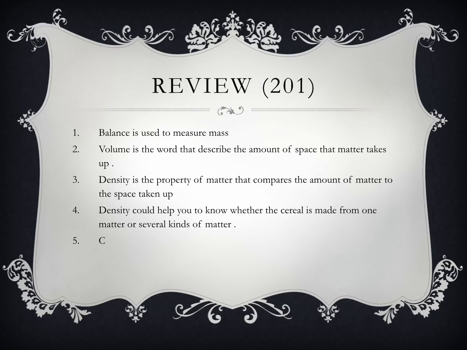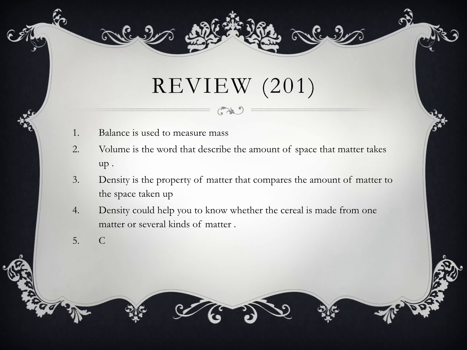And the last one is a test prep. If a black ball is denser than the white ball of the same size, the black ball has one of those options. A, less volume; B, more volume; C, more matter taking up the same space; D, less matter taking up the same space.